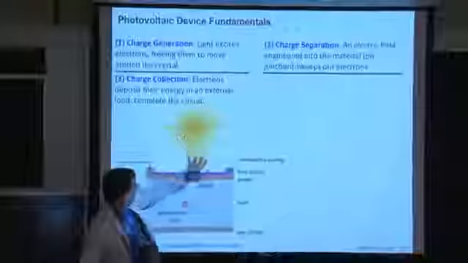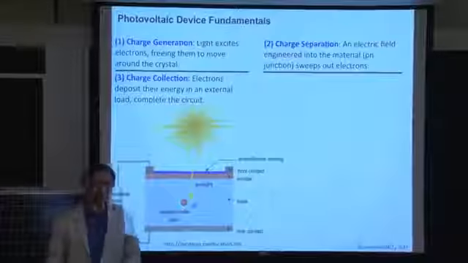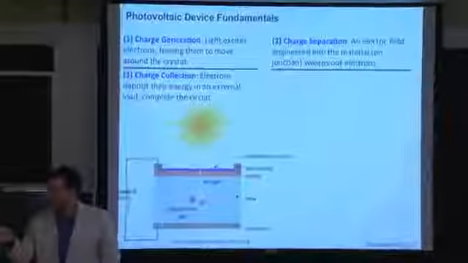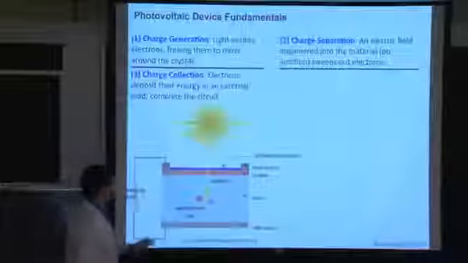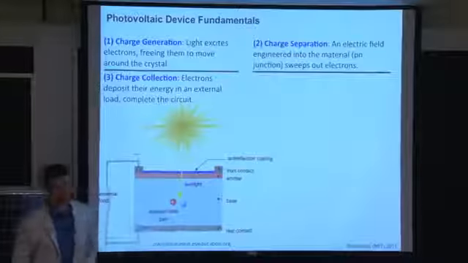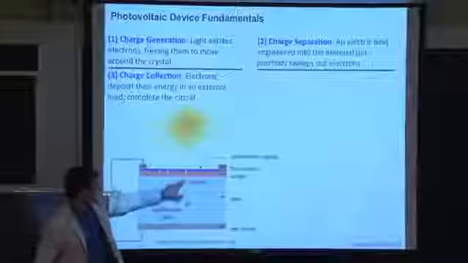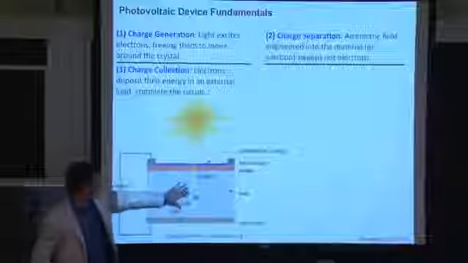So the sunlight comes into this device. This is a cross-section of a solar cell device. And today's modern solar cells are about 4 times the thickness of your hair. So if you can imagine 200 microns in thickness, that's the thickness here, the cross-section of this solar cell device. Light comes inside, excites bound charge, and makes it mobile, so it can move around the material.